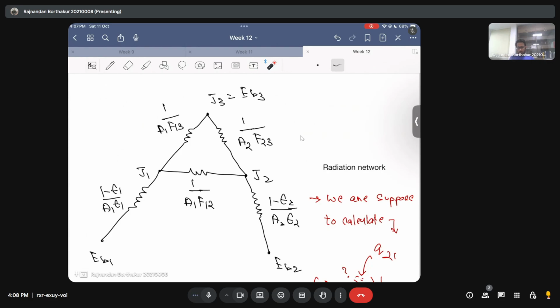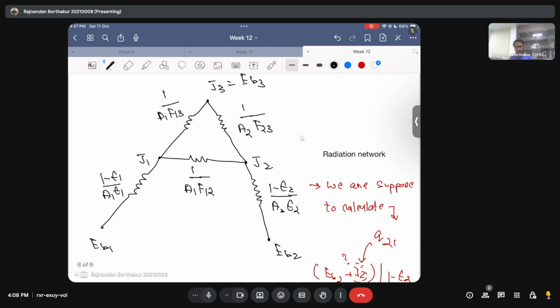Okay, so I hope you are with me on this so far. I hope at least drawing the radiation network is clear. Now what we'll do is try to write equations from which we can calculate these radiosities J1 and J2, which in turn will give us Q12, the net heat transfer taking place to the absorber.